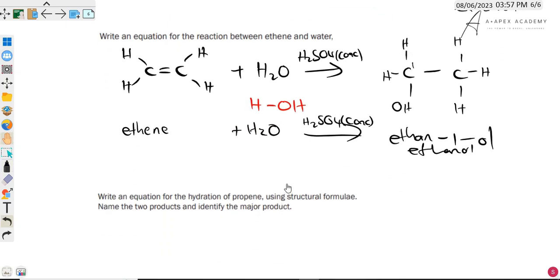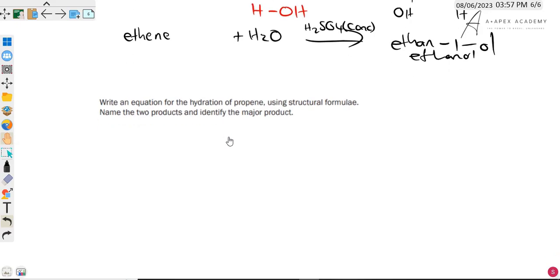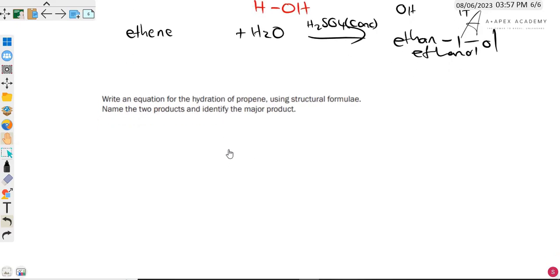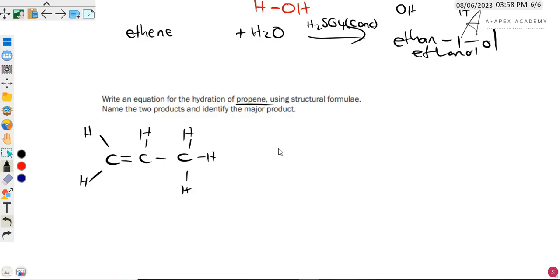Now, if it's asymmetrical, just like this one, it says, write the equation for the hydration of propene. Now, how do we represent propene? Remember, this is 3 carbon atoms. This one has 2, this one has 1, and this has 3. Reacting with water now, we can say it's HOH, and then remember this is H2SO4, which is concentrated, to form what?